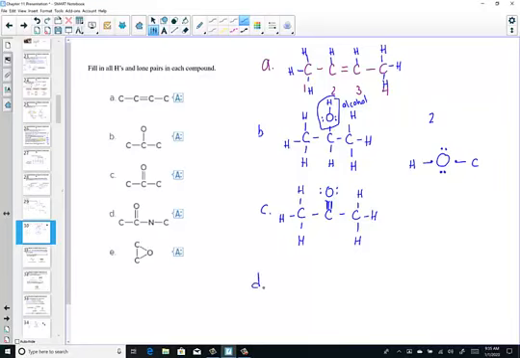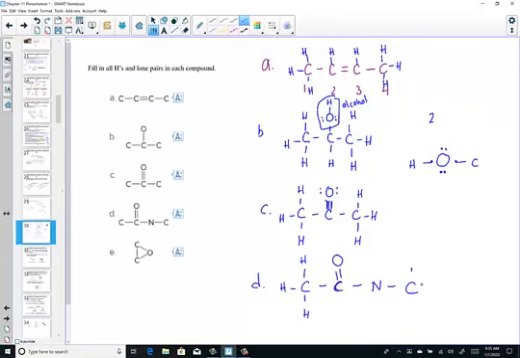Let's continue on to try letter D. I have C, single bond to C, single bond to N, single bond to C. Carbon 2 has an oxygen, double bonded. Taking care of the first carbon will complete its requirement of 4 bonds by adding 3 hydrogen singles. Notice this carbon already contains 4 bonds, so it's done.